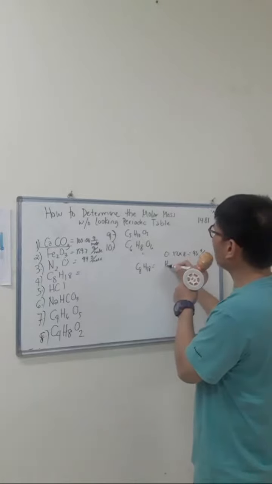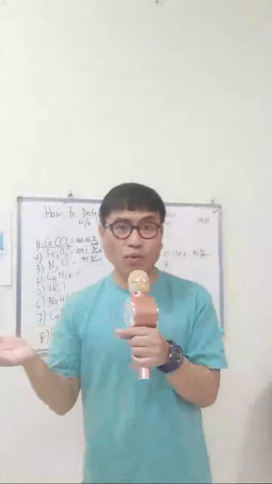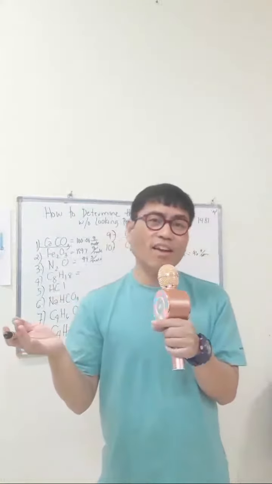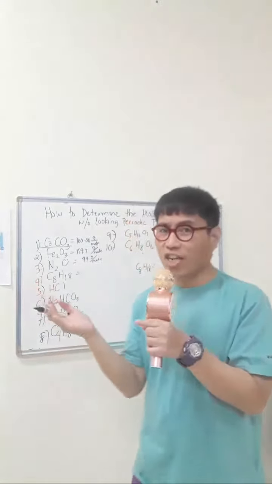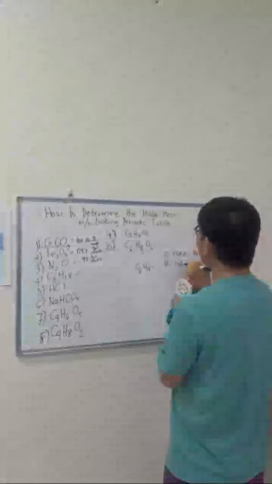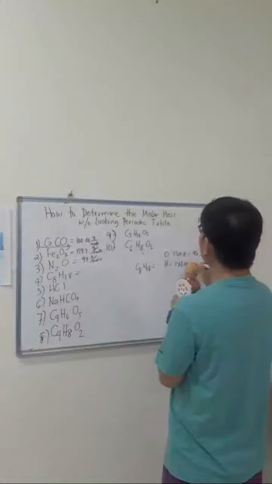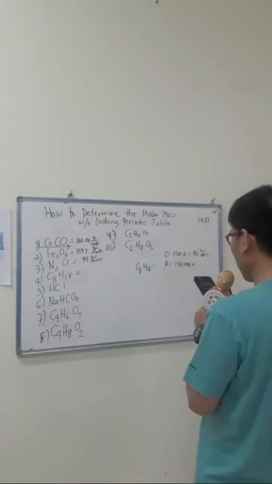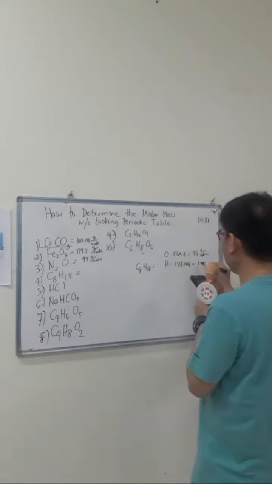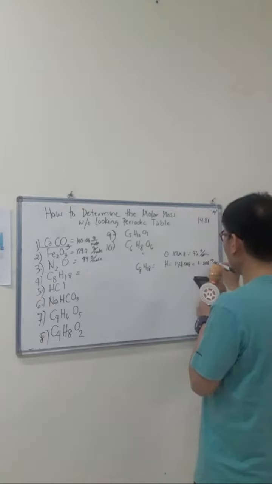Then hydrogen, the lightest element in the universe, discovered by Henry Cavendish. It's really the lightest element, guys. Then we have 18 times 1.008. I cannot do this in my head, so I will use a calculator.